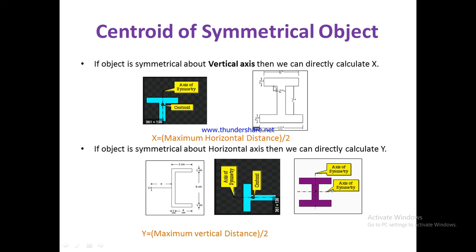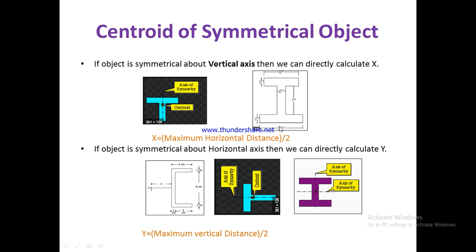Just see this I section, uneven I section we can say. Here is the axis of symmetry, means the object is the same on both sides of this axis of symmetry. So the x bar will be the maximum horizontal distance divided by 2. Just see over here, here is distance 8 and here is distance 10.